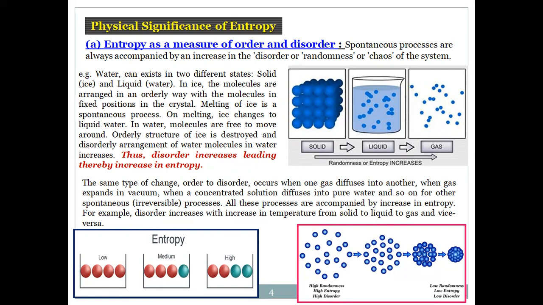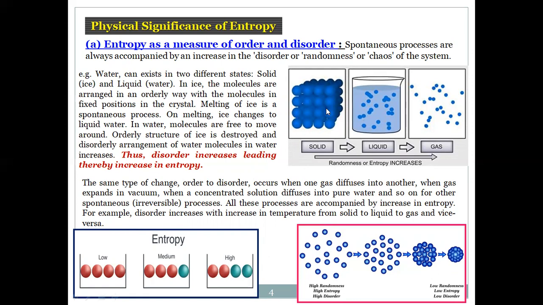The orderly structure of ice is destroyed and the disorderly arrangement of water increases, thereby increasing entropy. The same type of changes increase entropy. So an increase in entropy indicates an increase in disorder or randomness in the system.